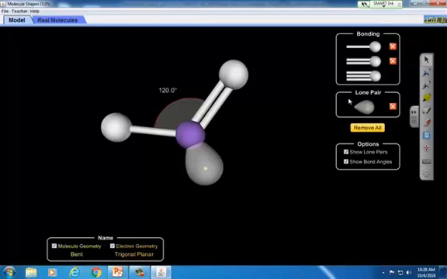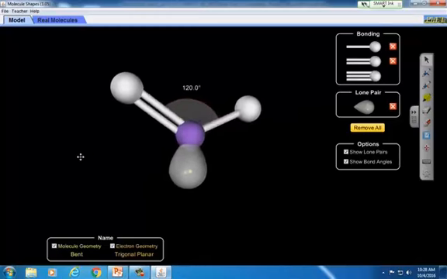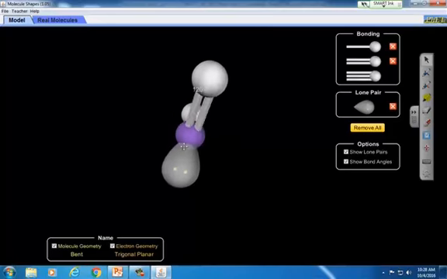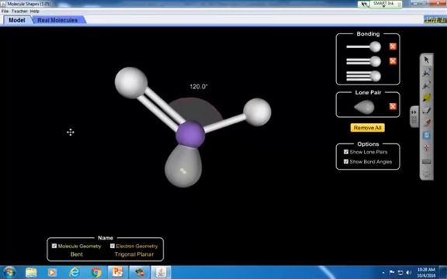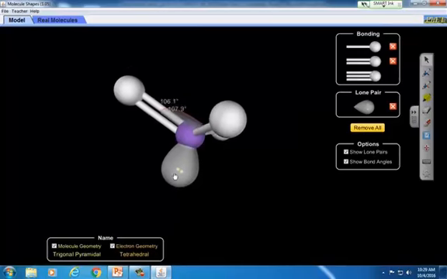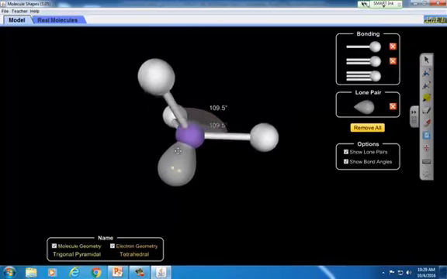So these structures so far have all been planar, and I can rotate them out of the space, and I can see that. I'm sorry, not linear, planar. I can see that all the atoms and the lone pair are all in the same plane. Right, they're in the plane of the paper. Once I go beyond 3 electron domains, if I add another electron domain, now I have a tetrahedral shape.